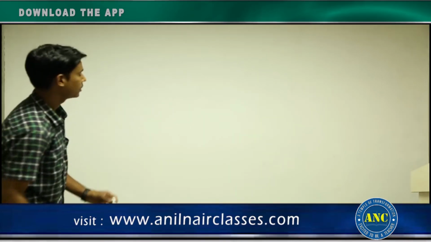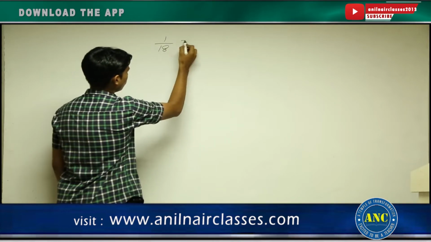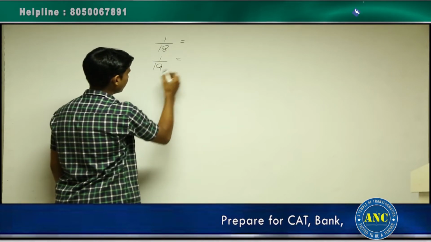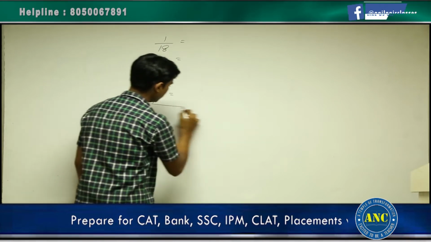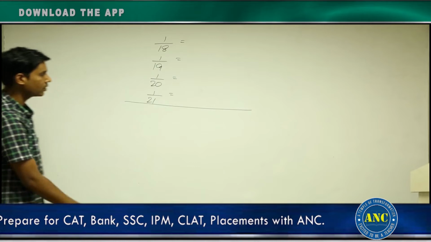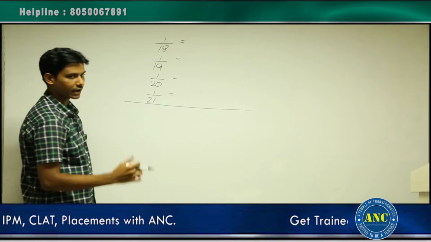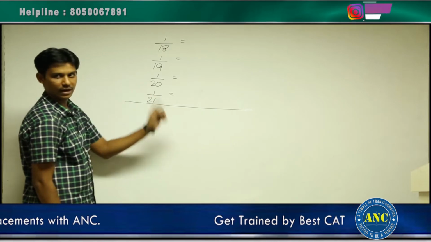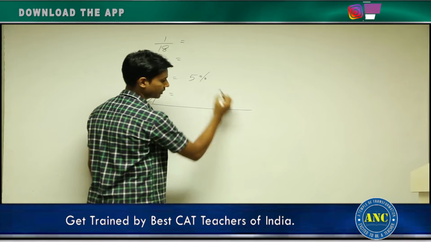Listen to this, don't write. Suppose 1/18, 1/19, 1/20, 1/21. These 4 will have the same logic. Which is easier to calculate? 1/20. 100/20 is 5%.